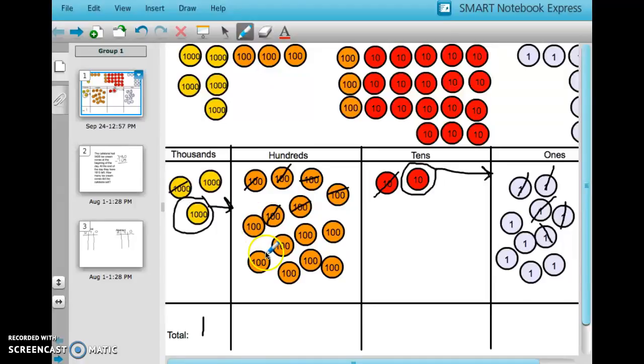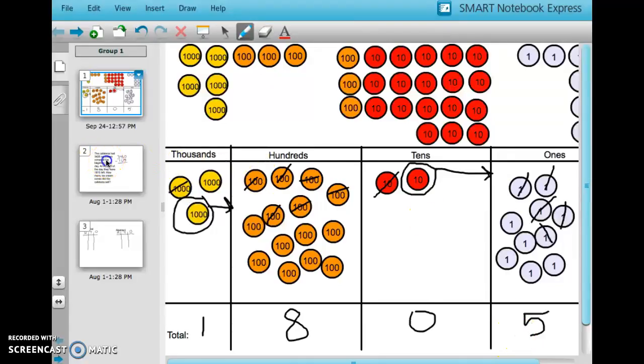We have 1, 2, 3, 4, 5, 6, 7, and 8 in the hundreds. We have no chips in the tens place. And we have 1, 2, 3, 4, 5 chips in the ones place, which tells us that we have 1,805. That is our answer.